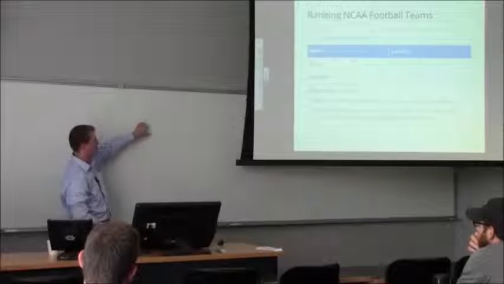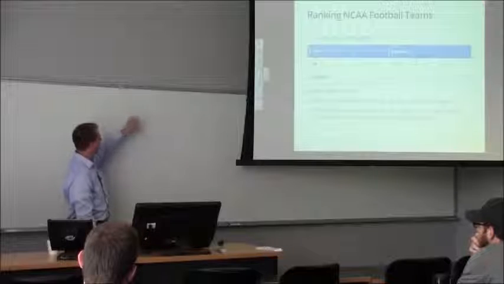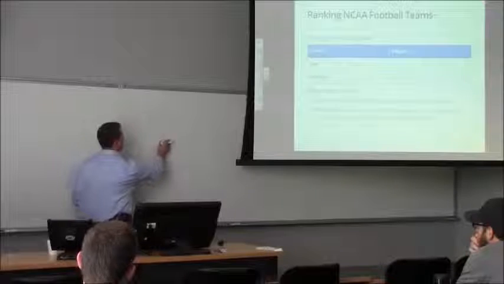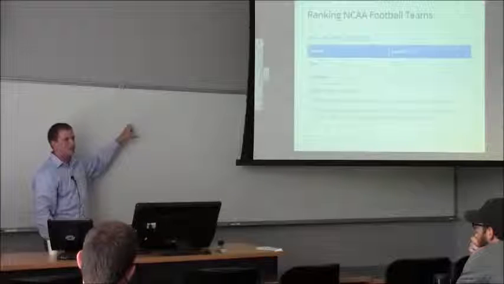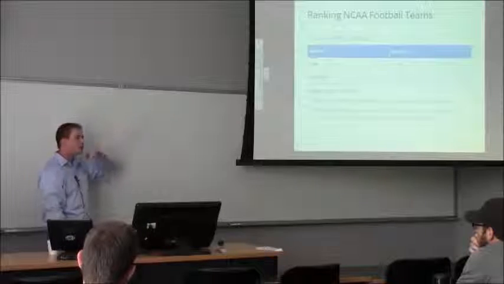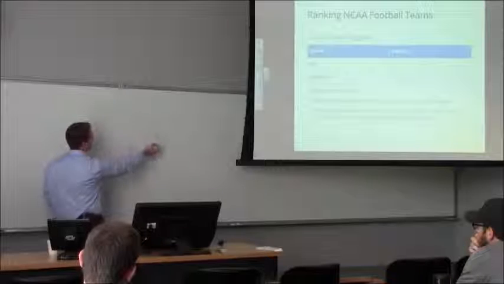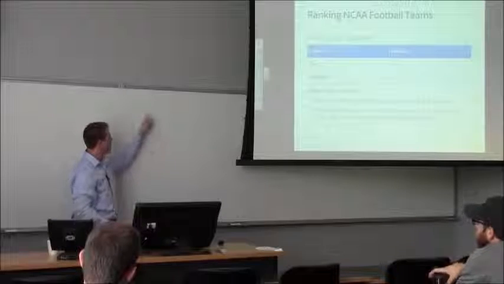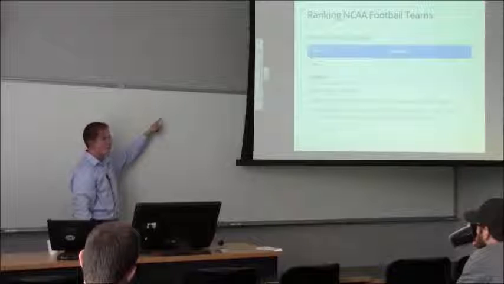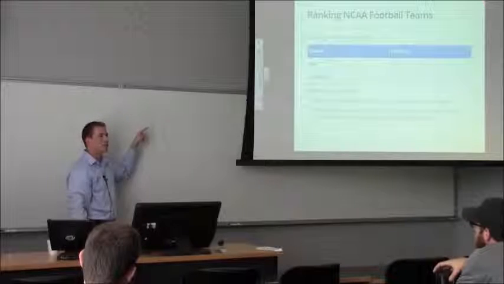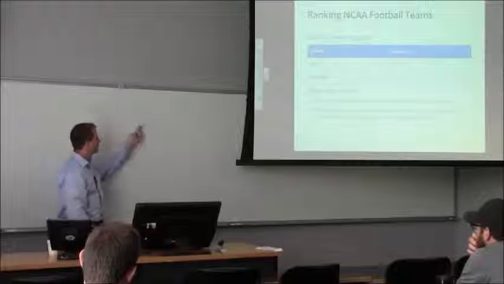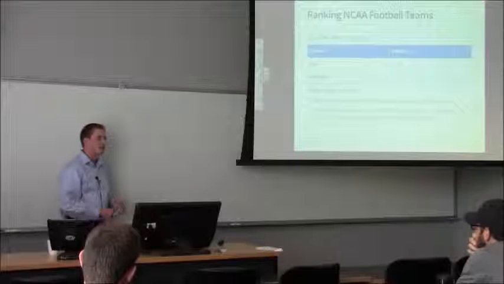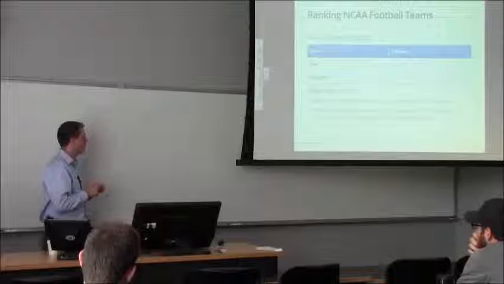You'd have 128 parameters, one for each team. And between any two teams, theta_i and theta_j, these parameters give the probability that i would beat j. So the likelihood would just be the product over all the games where team i beat team j. And then you could use MLE to find theta.